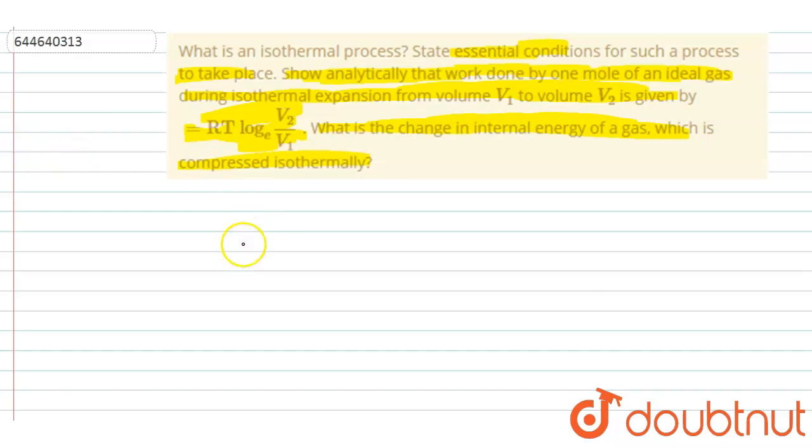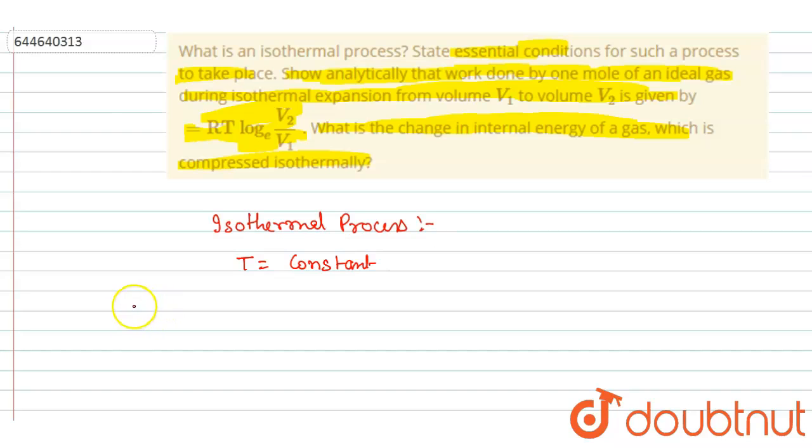If we talk about the isothermal process, the temperature of the gas on which the isothermal process is going on should remain constant. Temperature remains constant throughout the process. And if we talk about the condition, it remains in thermal equilibrium with the surrounding.